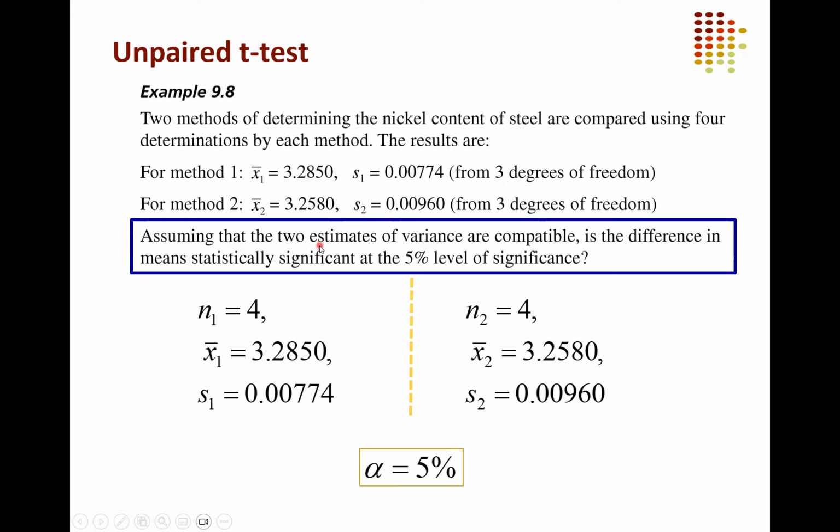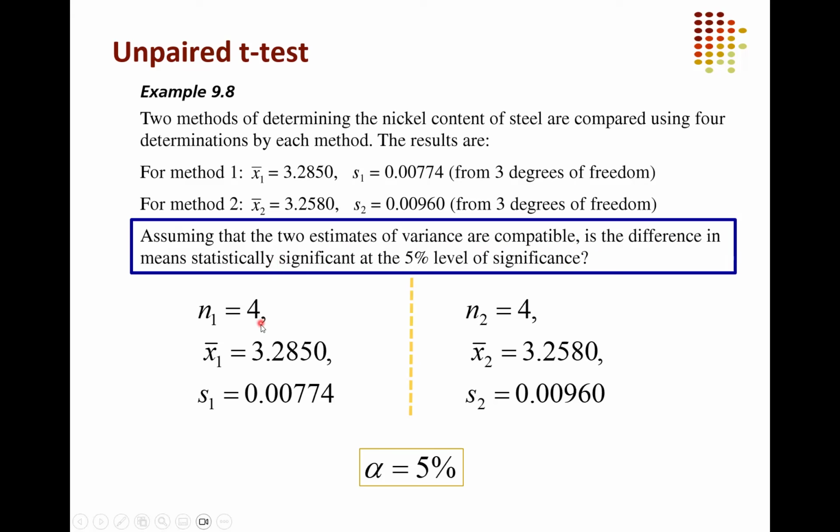Assuming that the two estimates of variance are compatible, so without applying the F or chi-square test, we are using this statement. We have to consider whether the difference in means is statistically significant at the 5% level of significance.